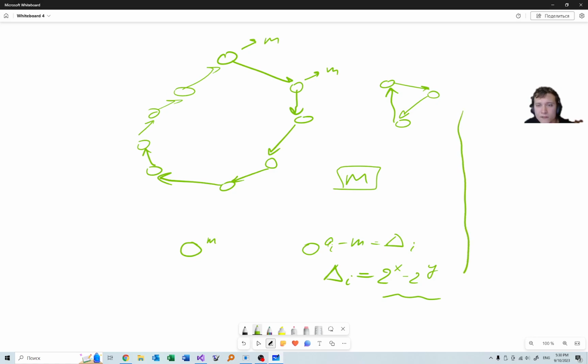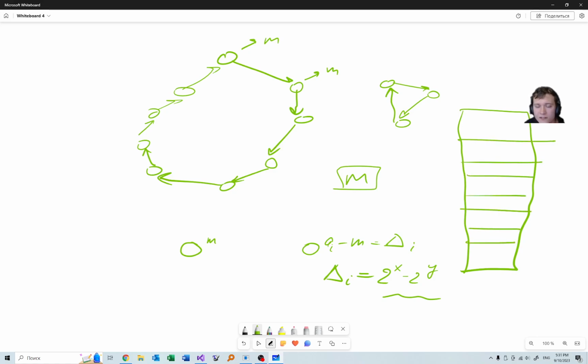So for each power of 2, there are several people who need to get this power of 2, and several people who need to give this power of 2. So if at any moment this is not equal to this, then we halt, because it is impossible.